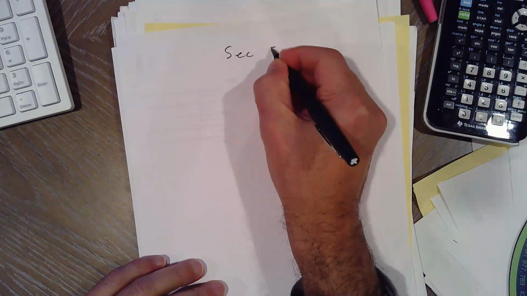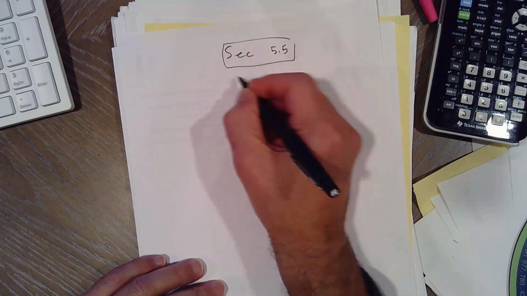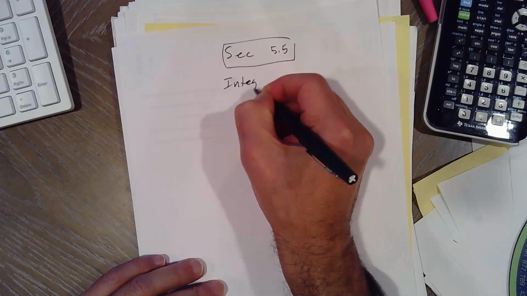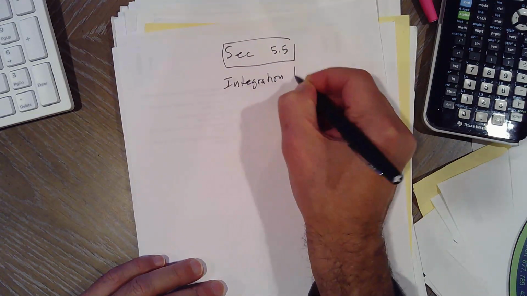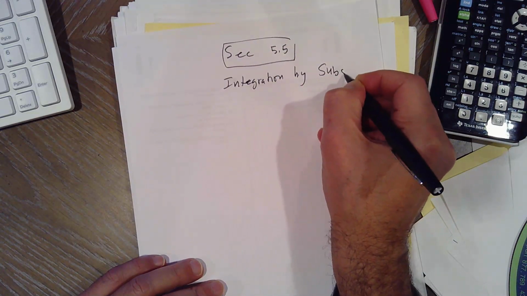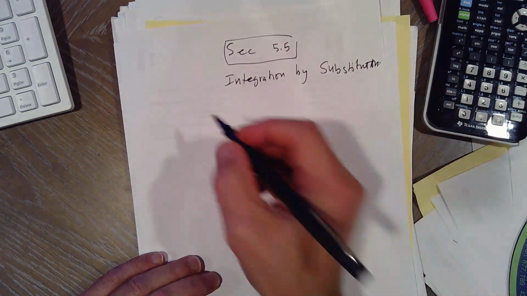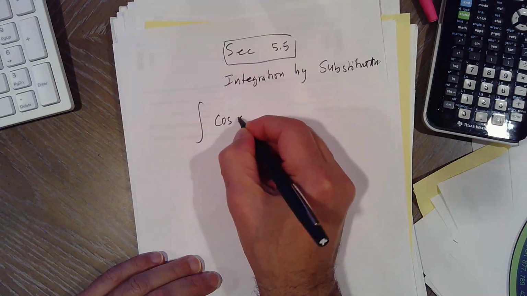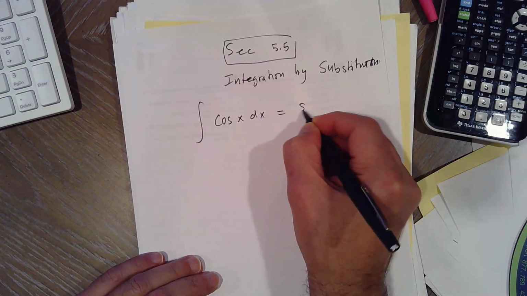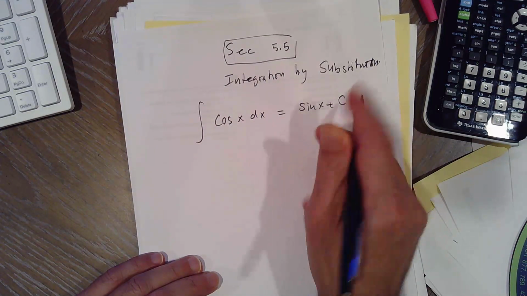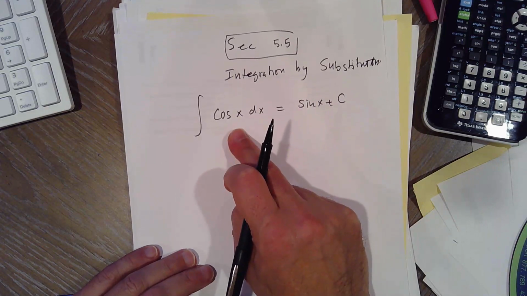Okay, so I want to go over integration by substitution, section 5.5. If you recall, the integral of cosine x dx equals sine x plus c, because the derivative of sine is cosine.